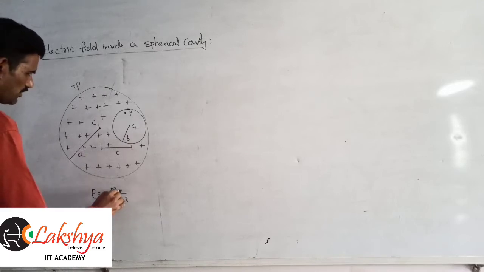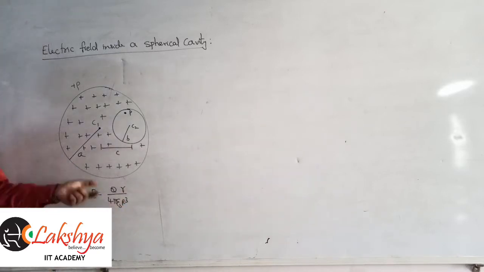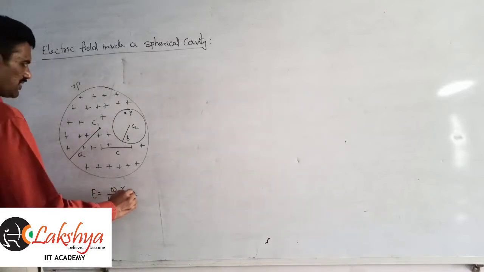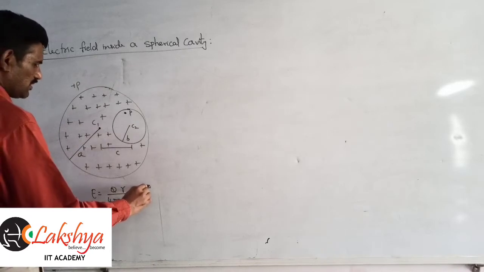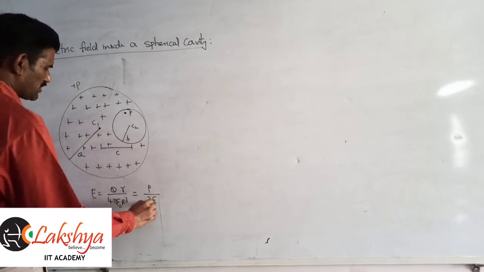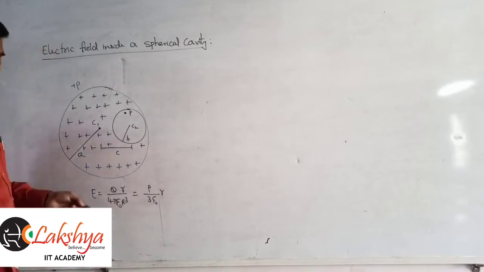We can write this in terms of charge density, so it will be rho by 3 epsilon naught into r. This is our intensity of electric field inside.